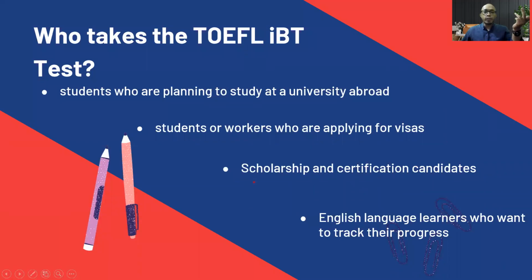And then also a very popular one, people who are applying for scholarship or certification. And so they need to show that they have the English ability to be, of course, shortlisted.